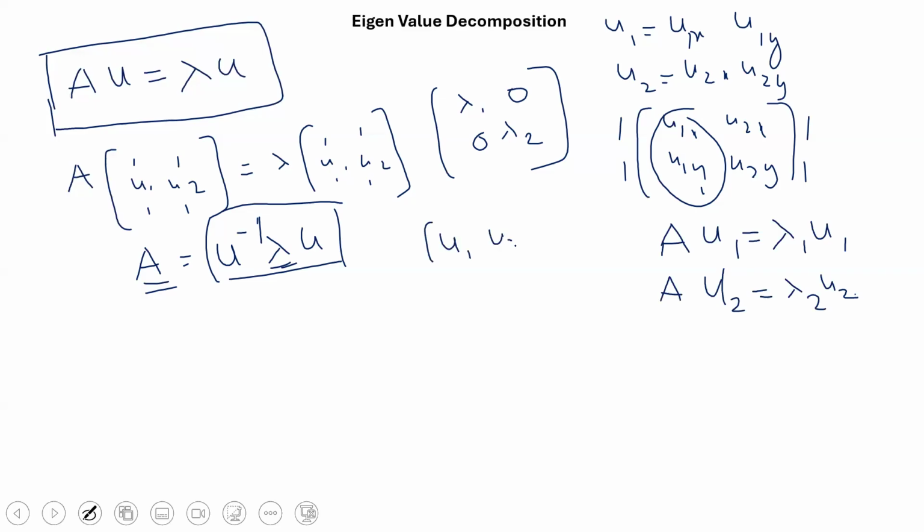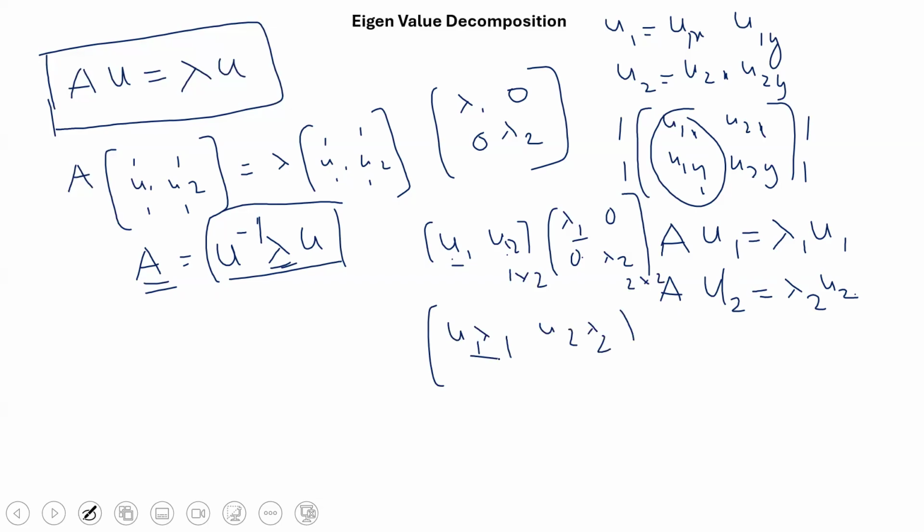We have u1 u2, and lambda 1 0 0 lambda 2. Just multiply this. What does it come to? u1 lambda 1, and u1 into 0 will be 0; then u2 into 0 is 0, and u2 into lambda 2. Is this matching the right side?